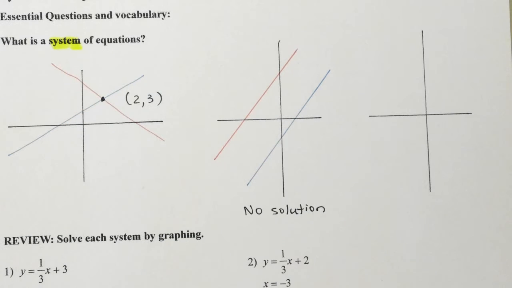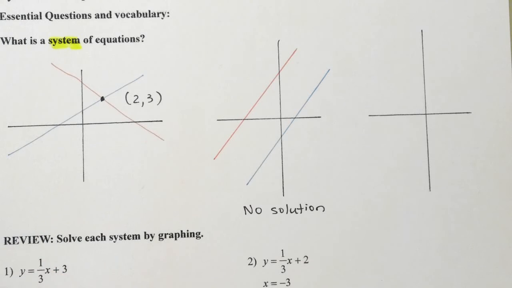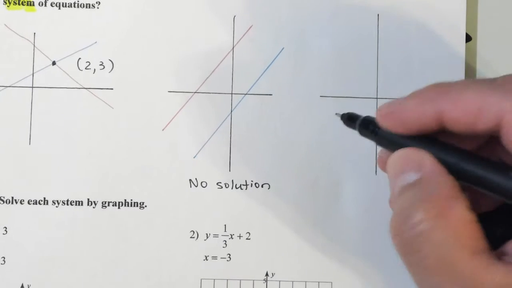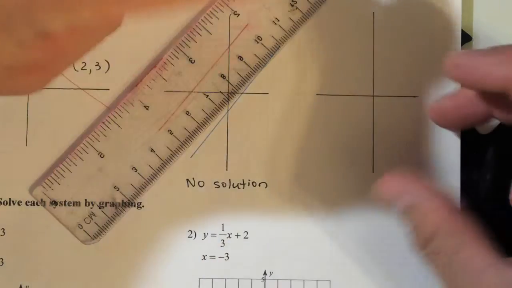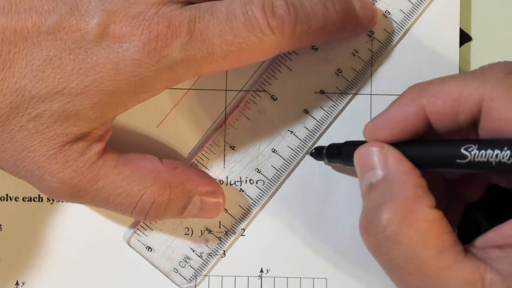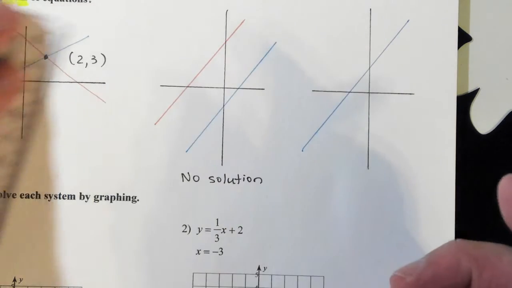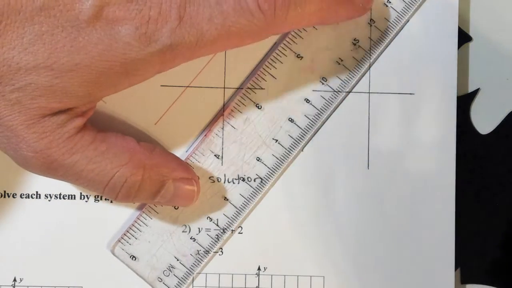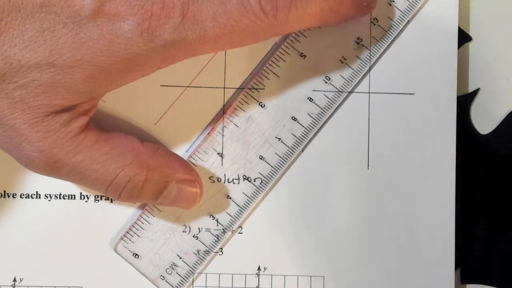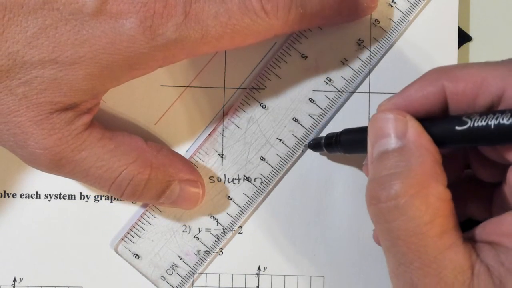And then there's one other situation, and it's even more rare than this situation, and it's harder to tell, is when you do this with a ruler. You get one line that looks like that, and then the other line is exactly on top of it.